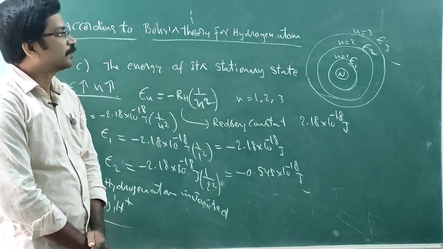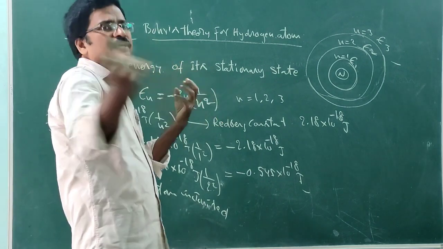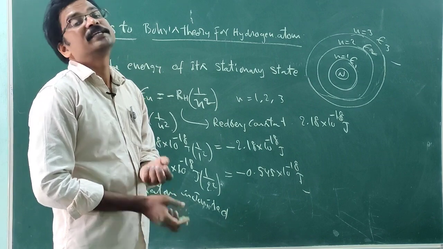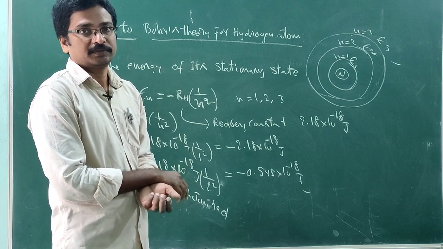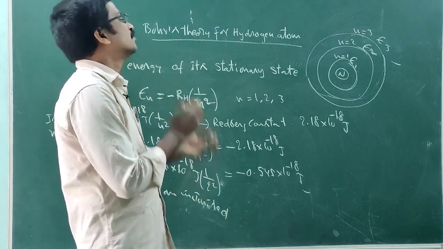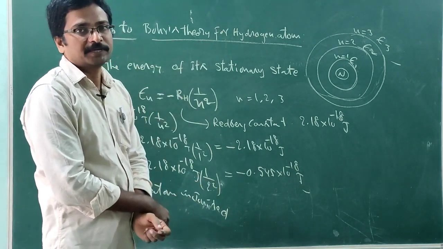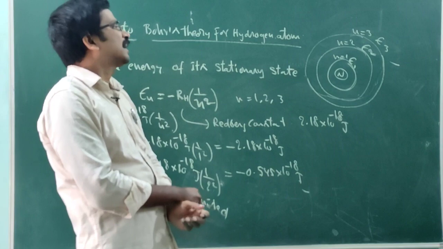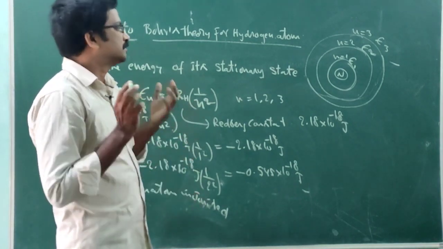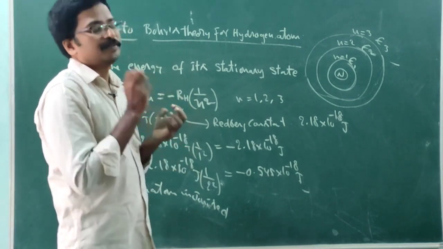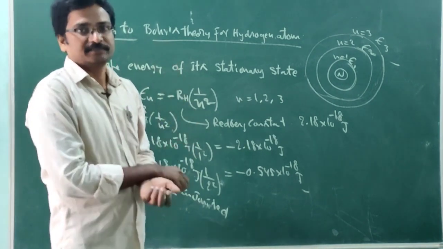Okay, and next, another point. If you remove the electron from the atom completely, then what is the energy of the electron? The energy of the electron is 0. Whenever the electron is removed completely from the atom, that electron has 0 energy.